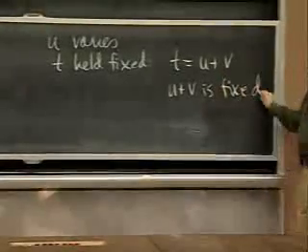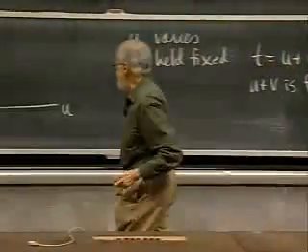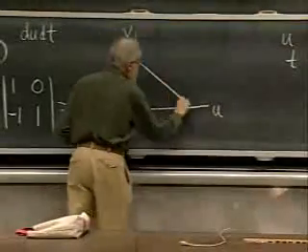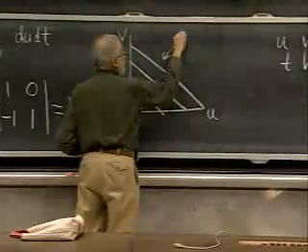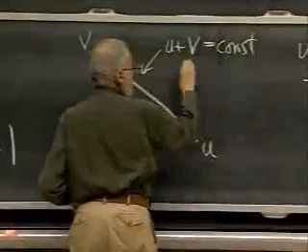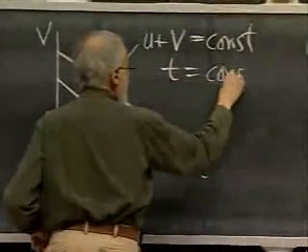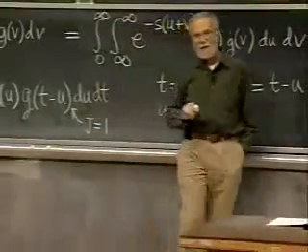It is a constant, in other words. Now, where are the curves along which u plus v is a constant? Well, they are these lines. These are the lines along which u plus v equals a constant, or t is a constant. The reason I'm holding t a constant is because the first integration only allows u to change. T is held fixed.